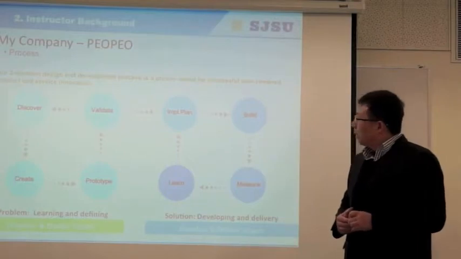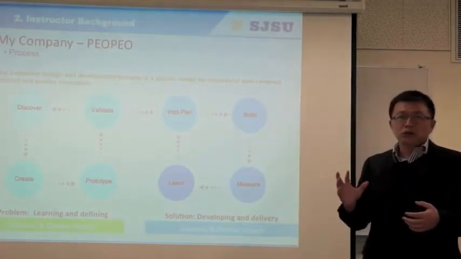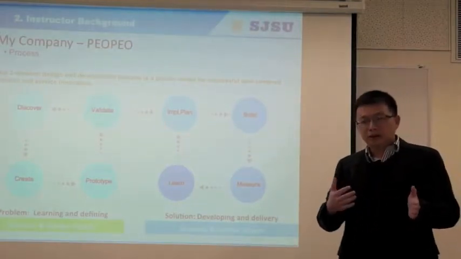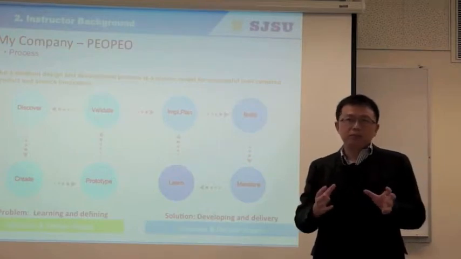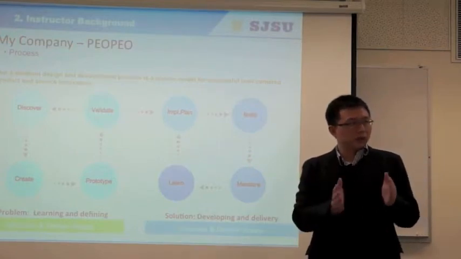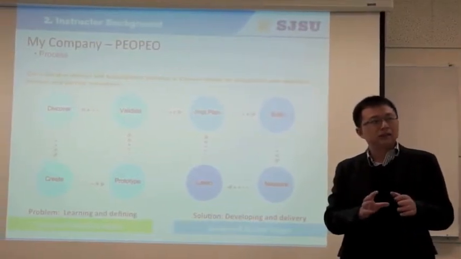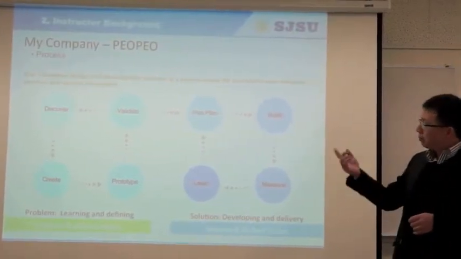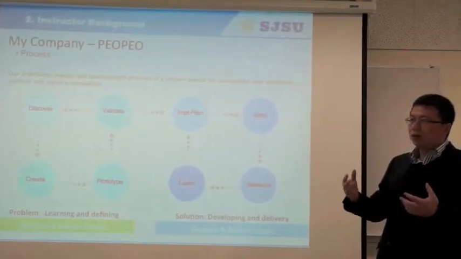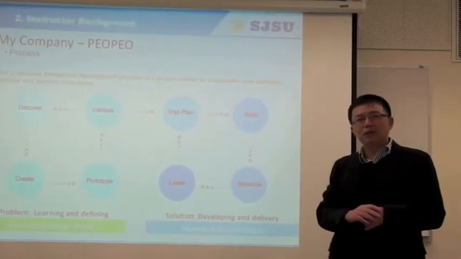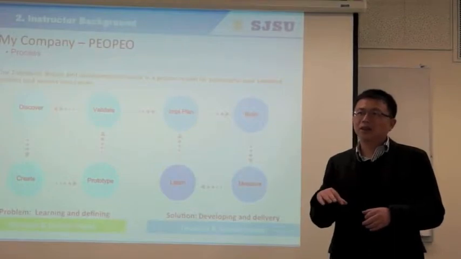Through my own experience and understanding of products, I created a process for how to bring a product to the market and how to ensure its success. This is my overall process, and I'm going to teach it in this class.